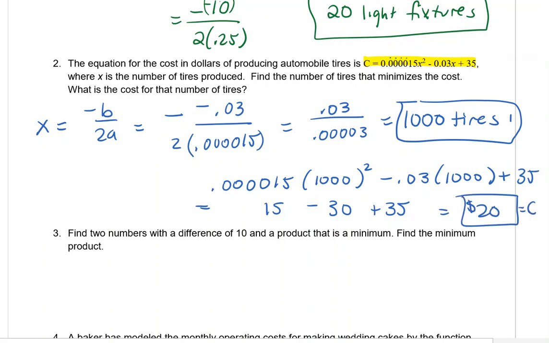So apparently, producing 1,000 tires is going to cost $20.